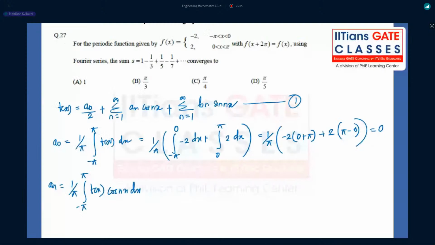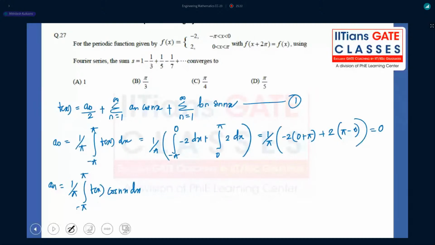So a naught value we got as 0, starting with the an. Let's try to solve the an. An is 1 upon pi integration minus pi to pi f of x cos of nx dx.